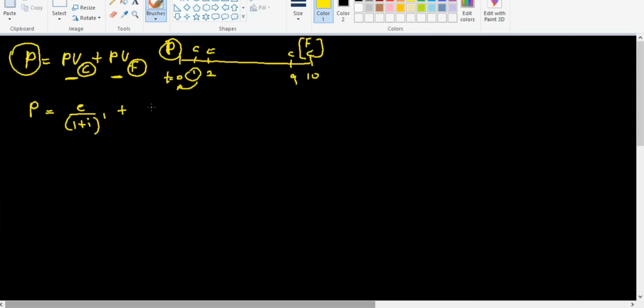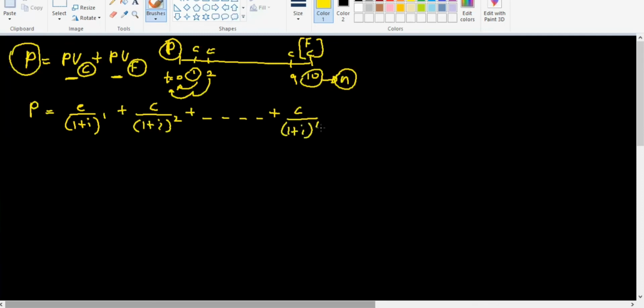Similarly for the second payment, the coupon has to be discounted twice, from here to here. Let's take a general case where there are n periods, not 10. For the nth payment, you have to write it like this.